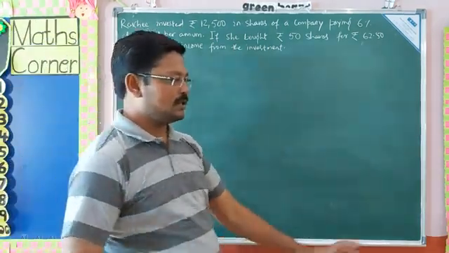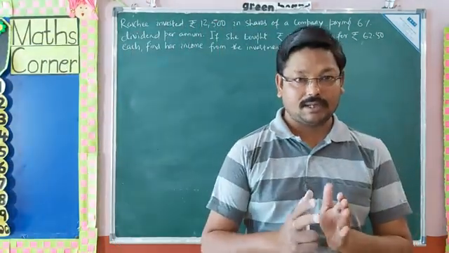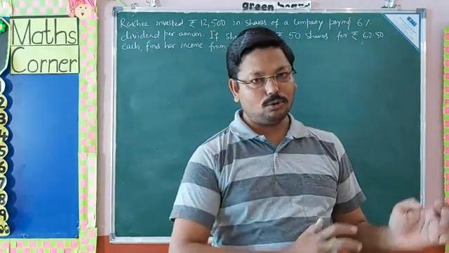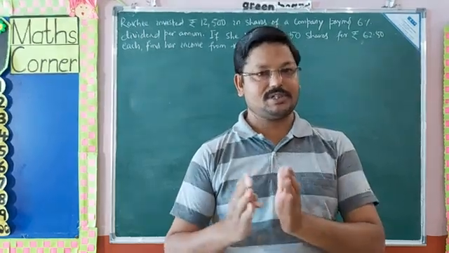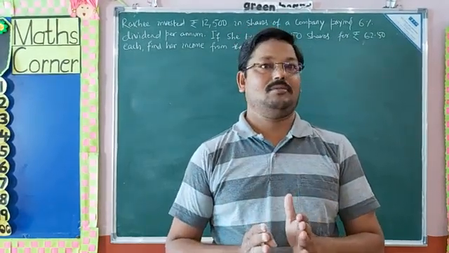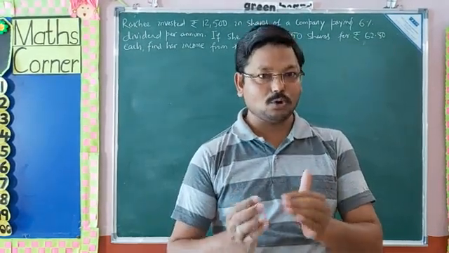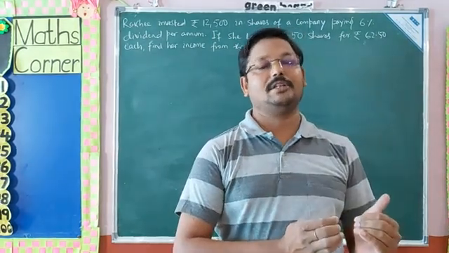First of all, I just want to tell you that instead of reading the whole question together, it's better you read the question in parts as per your understanding and then note down all the data given in the question.